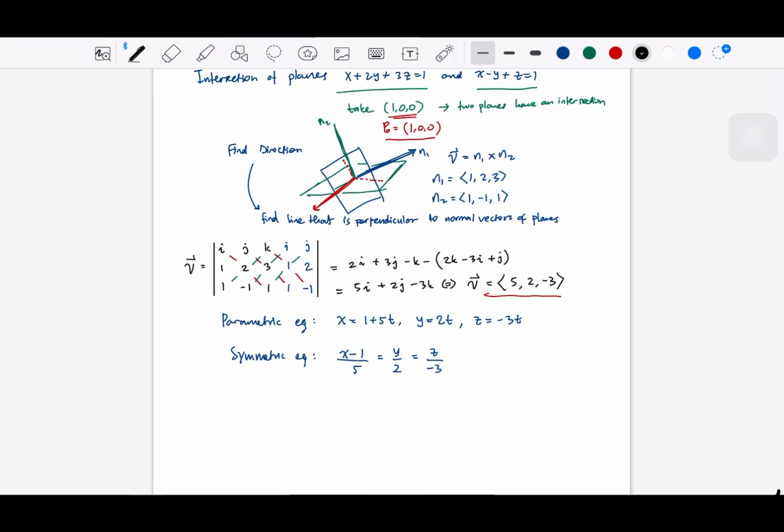Let me write on the bottom here some questions, maybe just 2 questions.